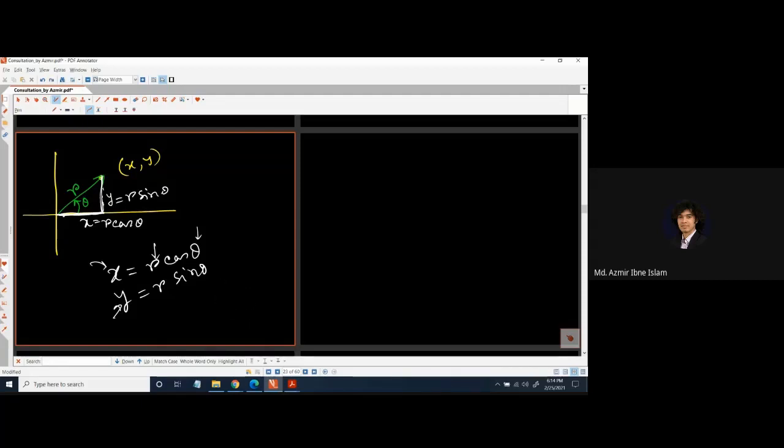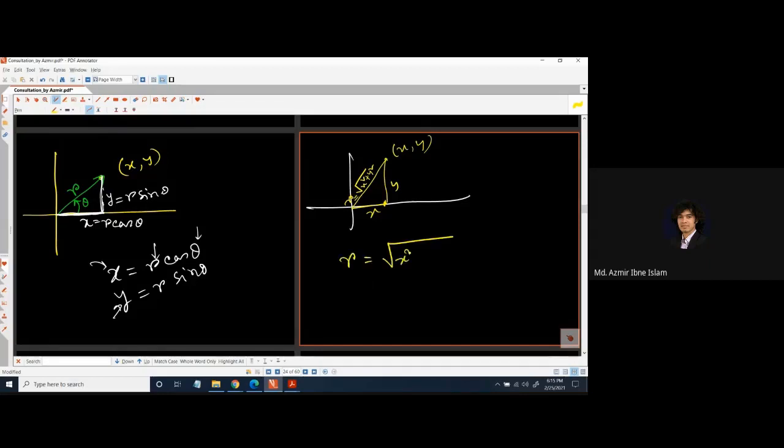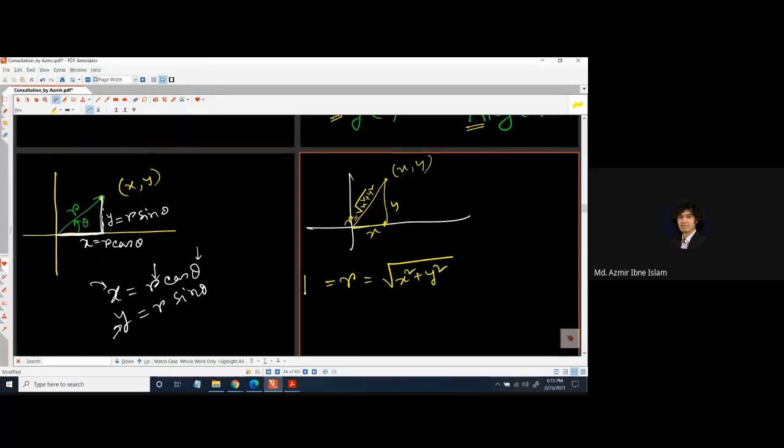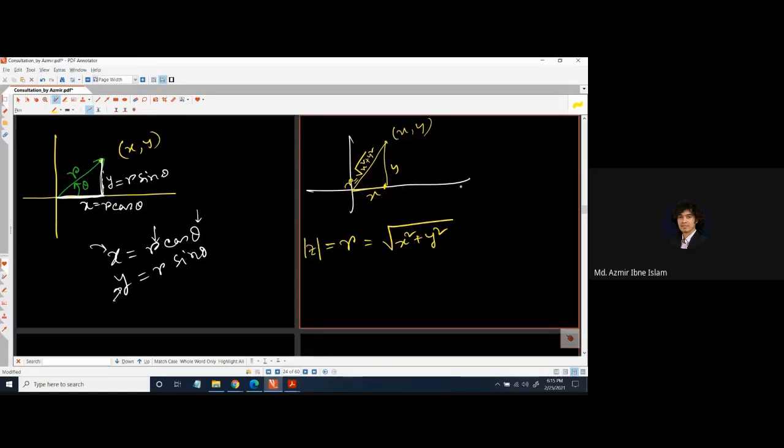We can understand that if this is x and this is y, then from the right angle triangle, you can easily understand that the hypotenuse will be the square root of x squared plus y squared. So this is r. We know this is r. So r equal to root over x squared plus y squared. That is modulus of z, equal to square root of x squared plus y squared.